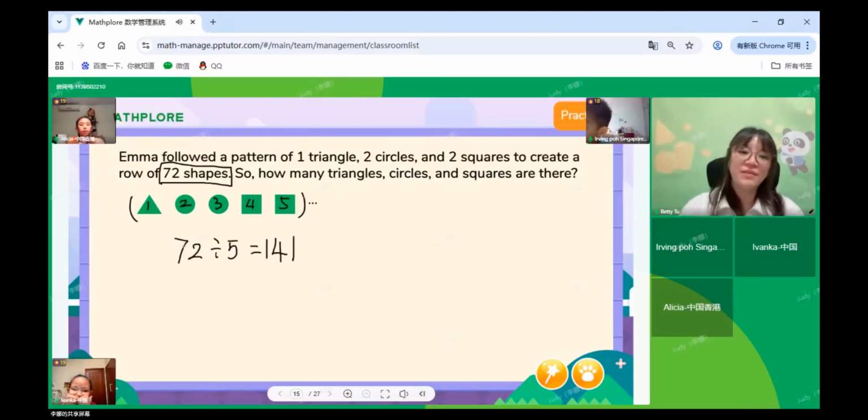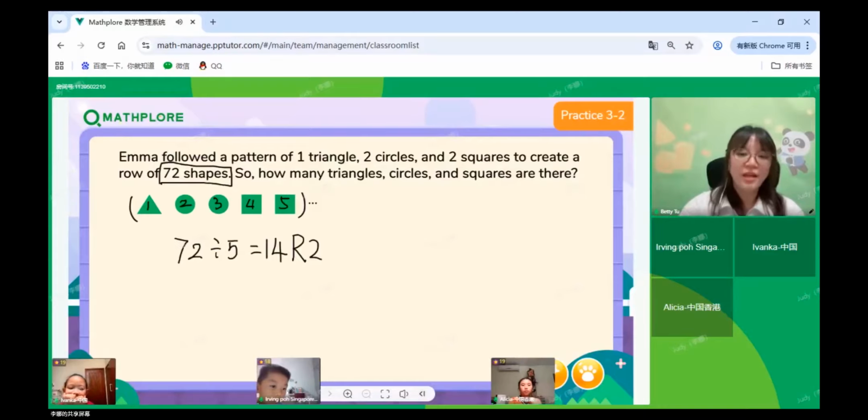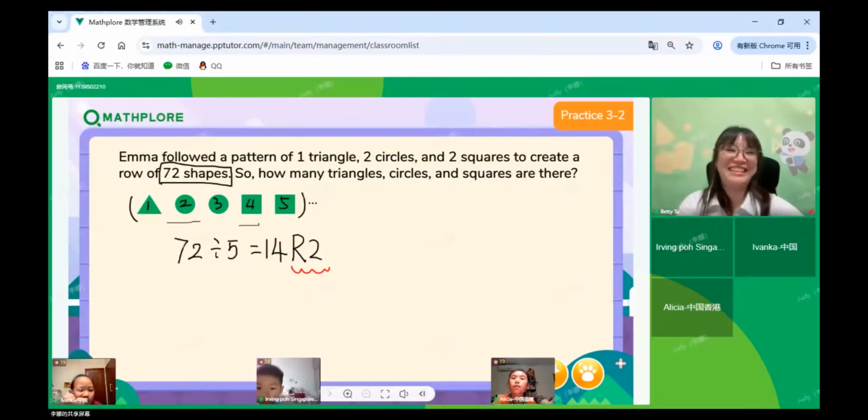Good. So in these 72 shapes, we will have 14 whole groups and another 2 shapes. So which 2 shapes are there? The circle? I think it's a circle.